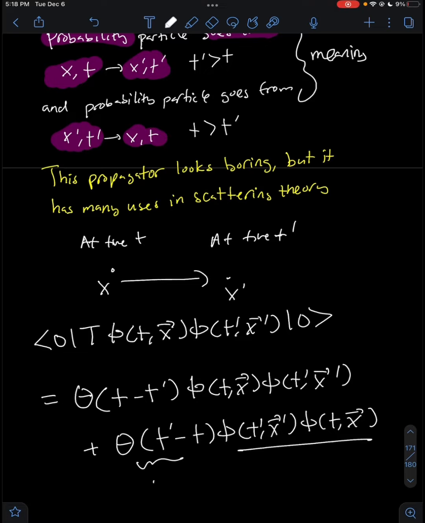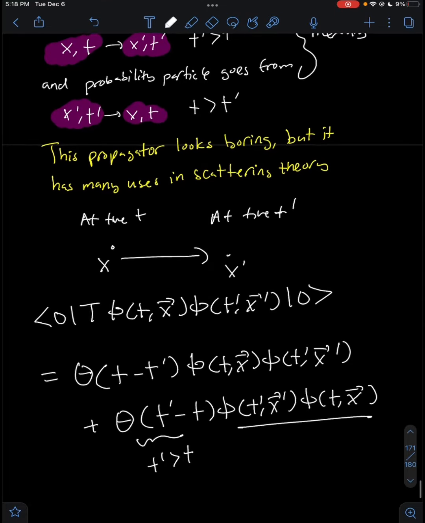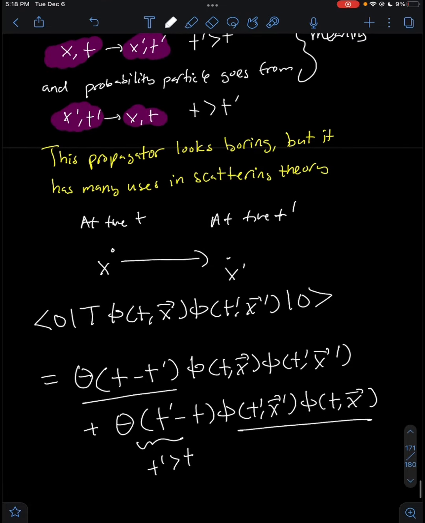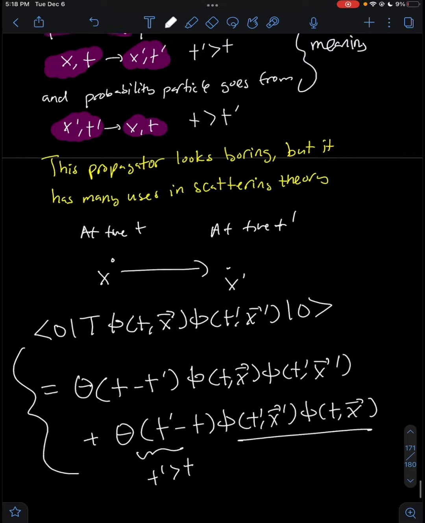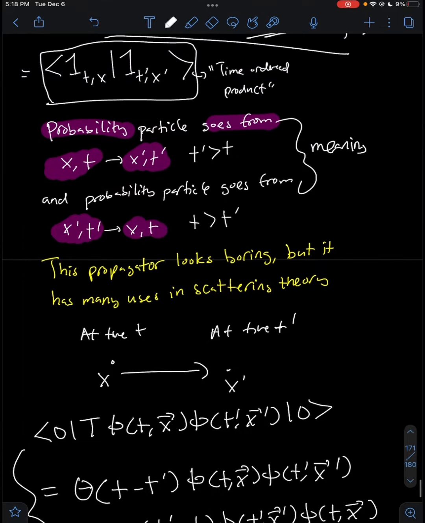And here we have t prime greater than t, so that we can have a non-zero amplitude here. Likewise for this first term over here. So we can just write the Feynman propagator as this right over here. And again, it's telling us the probability that at time t, we have a particle at x and then it propagates to x prime at time t prime, and then likewise for x prime.